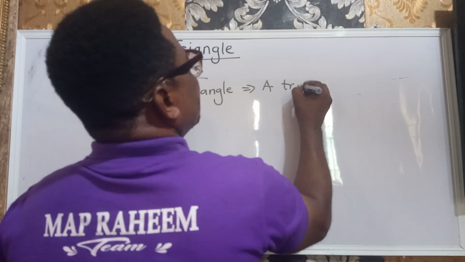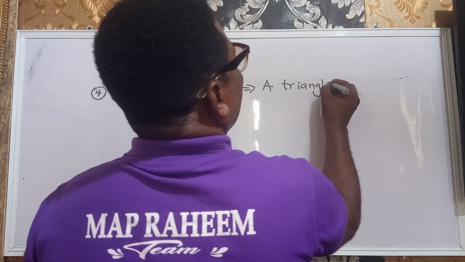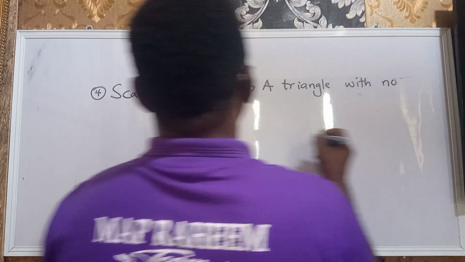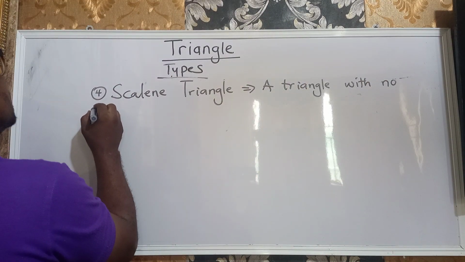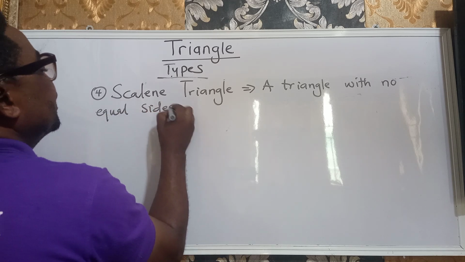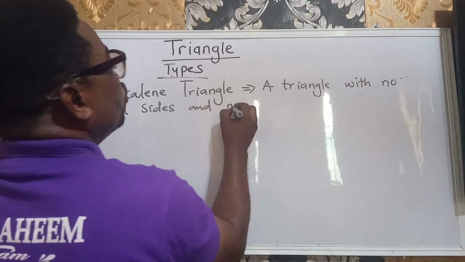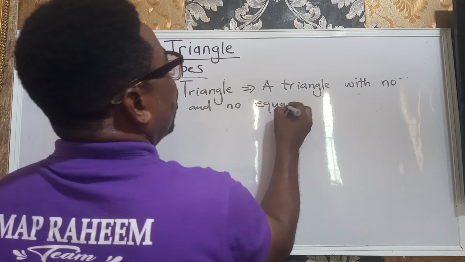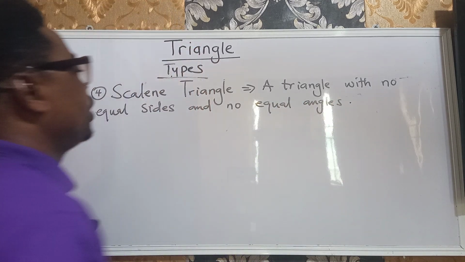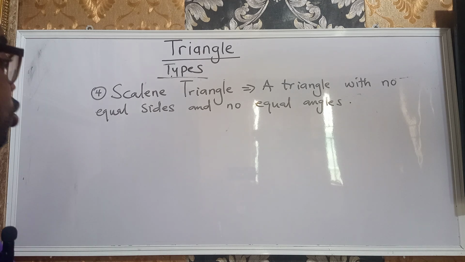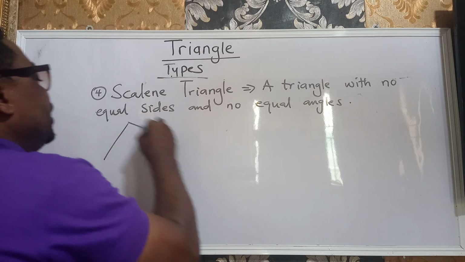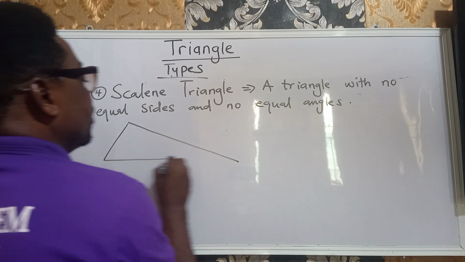A triangle with no equal sides and no equal angles. They are not equal in any way.